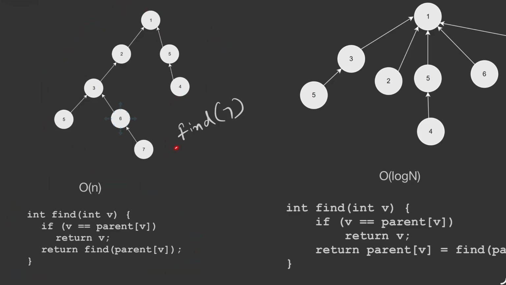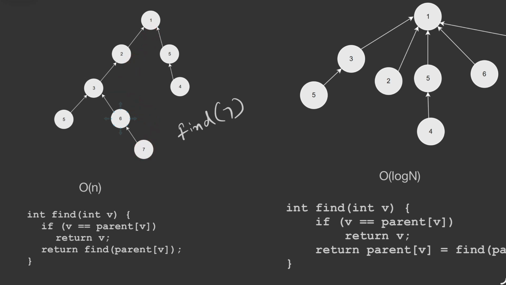Let's say they ask you find 7. So how will you compute find 7? Well, you need to start from node 7 and travel upwards till you reach the root node. That means you need to travel this entire ancestor chain. But once you travel this entire ancestor chain, you realize that you are not just computing the answer for find 7, you are also computing the answer for find 6.